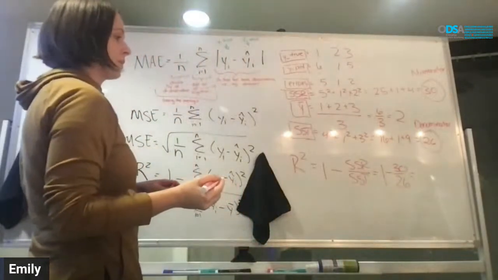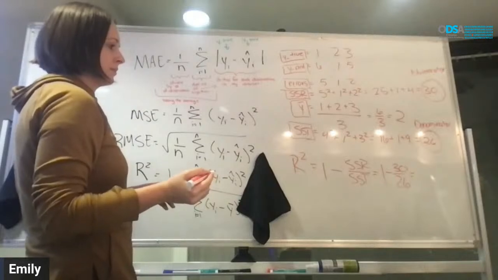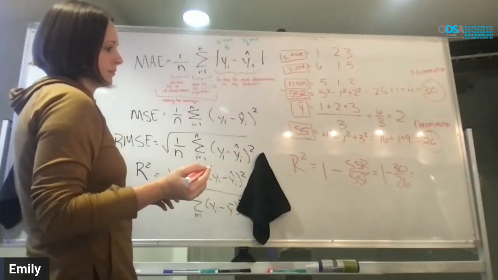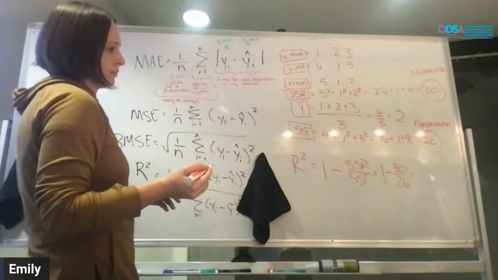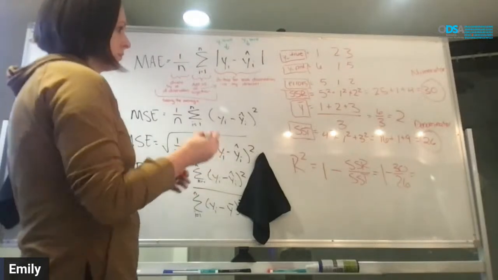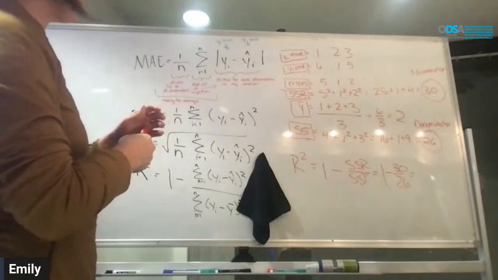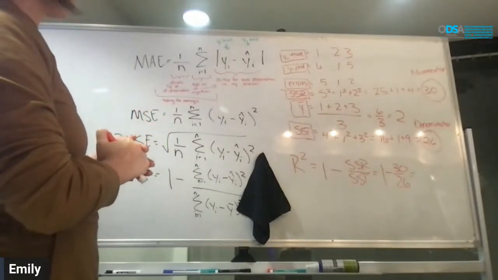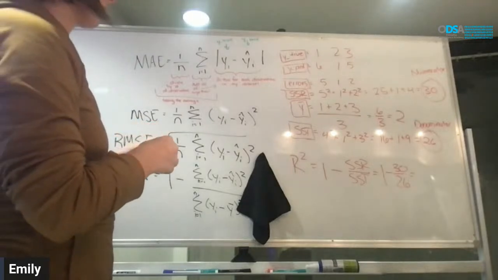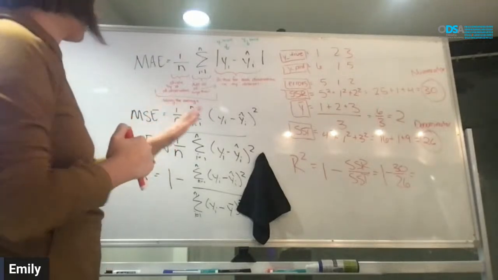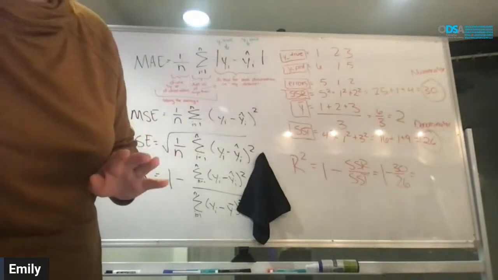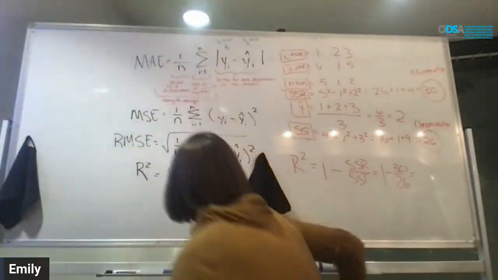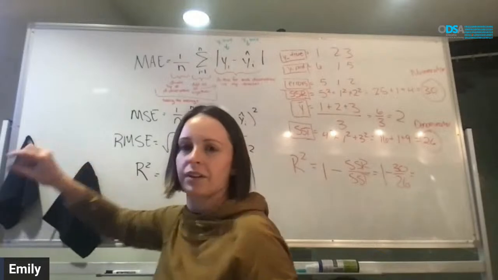I don't know what that is exactly, but something less than 1. Okay, sorry that got messy, but hopefully I didn't lose you guys there. That is r squared. I'll leave that one up there.